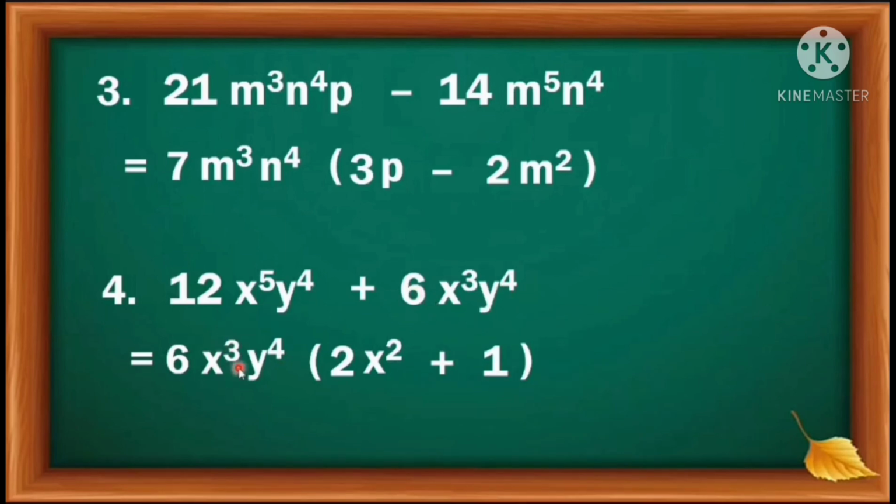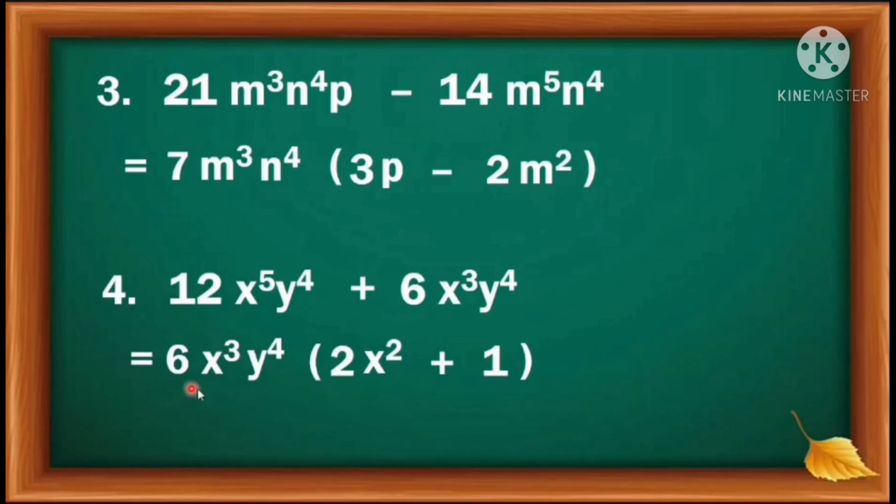Lahat sila na-cancel. Unlike dun sa mga nauna kanina, say for example, y raised to 4 divided by y raised to 4, that is 1. Hindi na natin siya sinulat dito kasi meron naman ng 2x squared. At pag minultiply natin yung 2x squared kay 1, ang magiging sagot pa rin naman ay 2x squared. Unlike here, walang natira, so we need to write the quotient, which is 1.